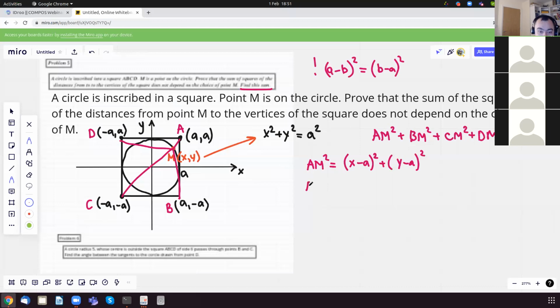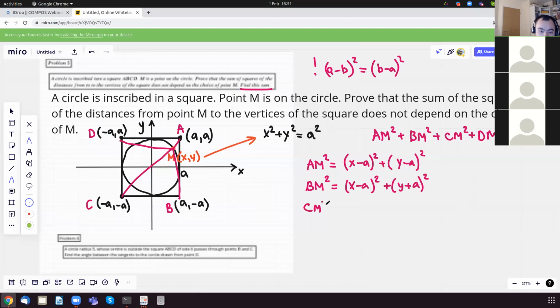BM squared is going to be (x minus a) squared plus (y plus a) squared.